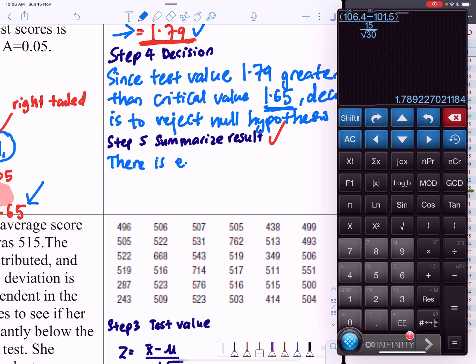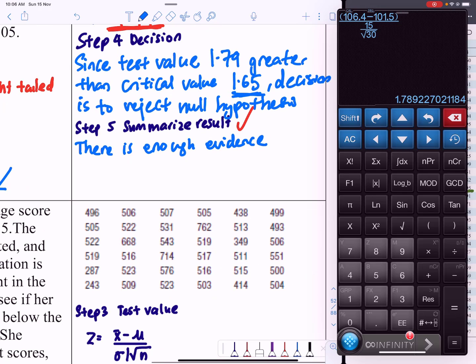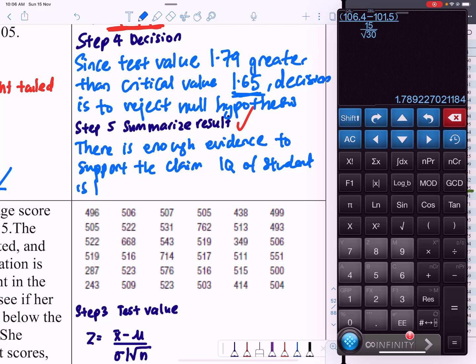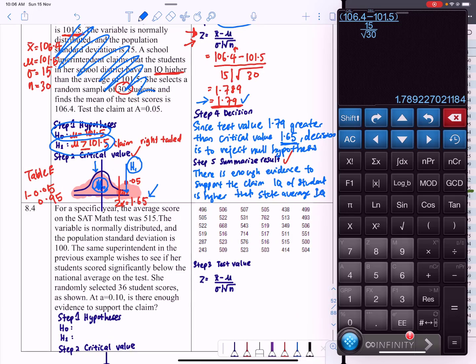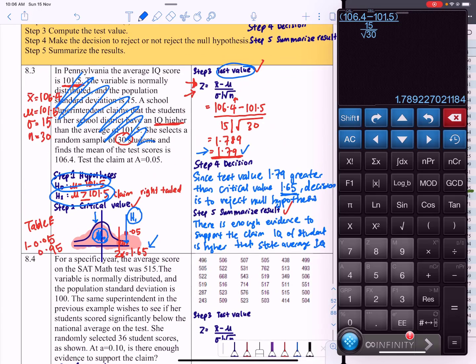There is enough evidence to support the claim that the IQ of students is higher than the state average IQ. Okay, that is how we do it. We have step 1, step 2, step 3, step 4. Please make sure that you understand this.